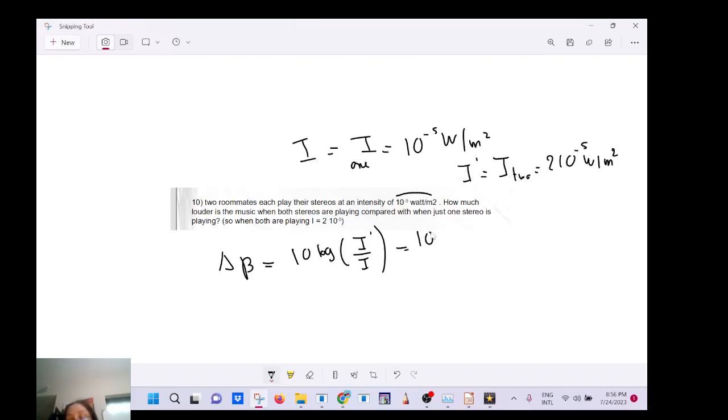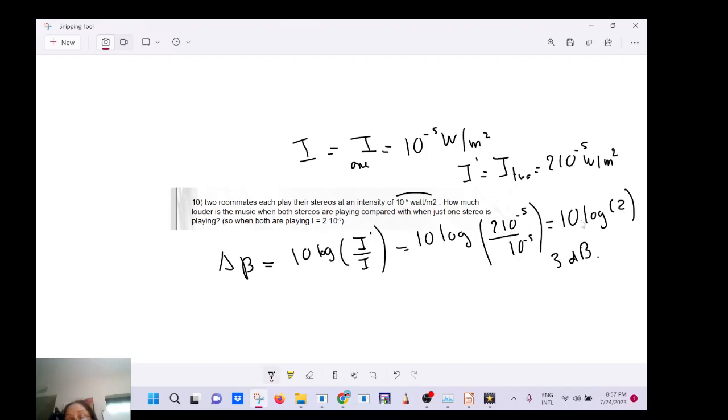So that's going to be 10 log of 2 times 10 to the negative 5 over 10 to the negative 5, which is 10 log base 10 of 2, and that's going to be 3 decibels.